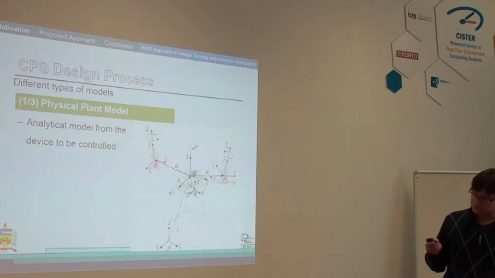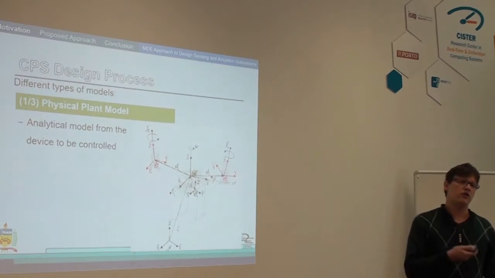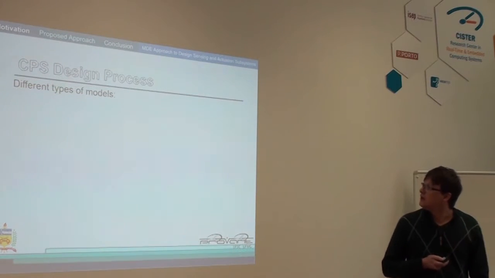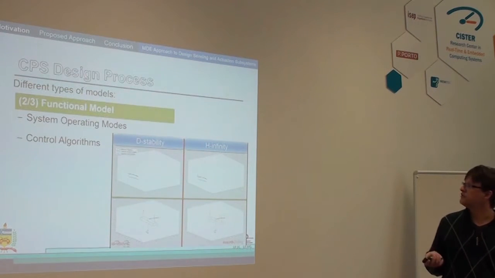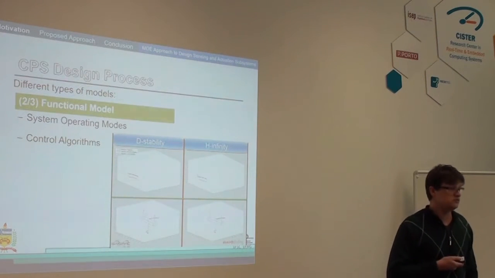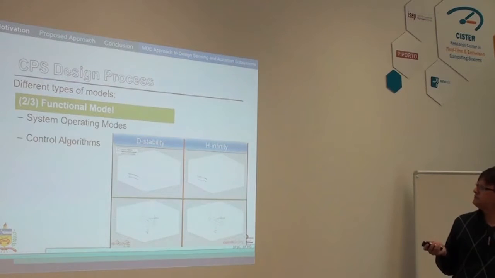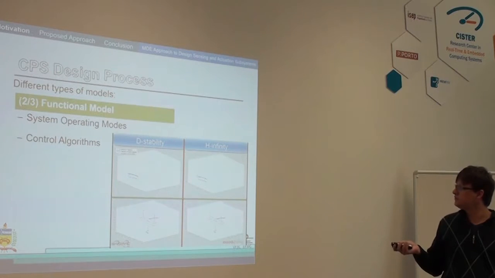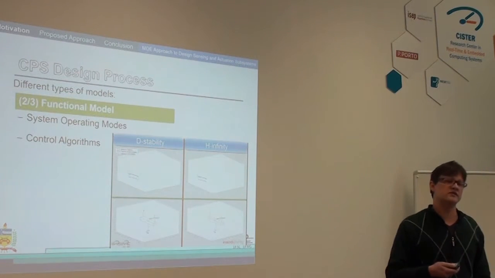We use mathematical models in order to express the system behavior according to the control references. Coupled with this model, we design a functional model that is used to specify the control algorithms and the system operational modes. Coupled with the first model, the analytical model is used to simulate the system and analyze the system behavior according to the control approach that we are designing.